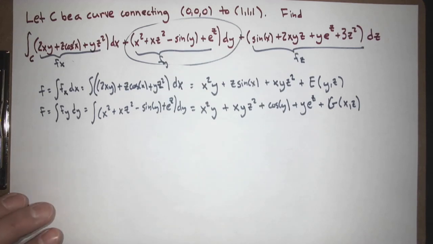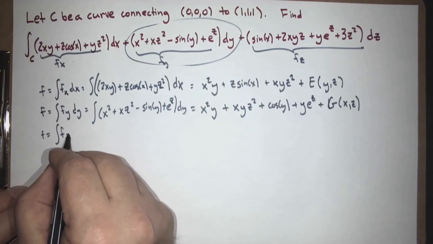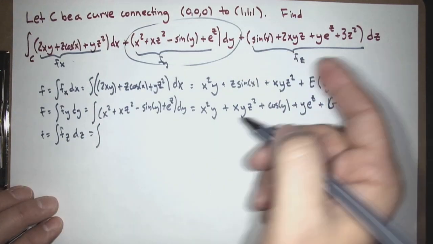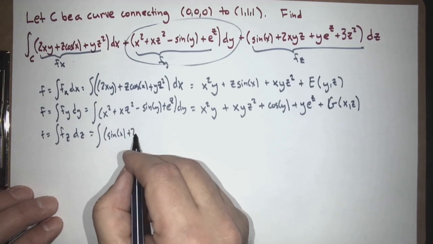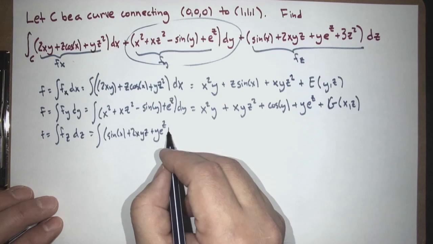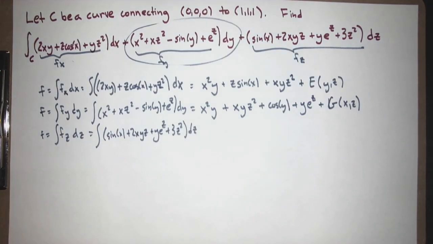Okay, and last one, third round, because this is a three-dimensional one, we integrate the last part. What I really want to build up to is, how do you know if something is a gradient? There's tests for being conservative, but ultimately I find it's just easier to just go for it.